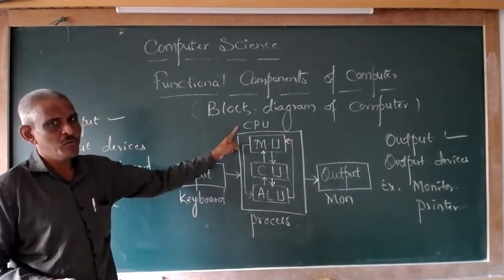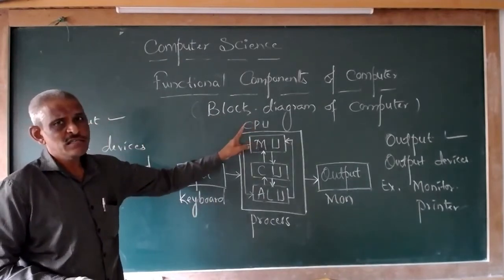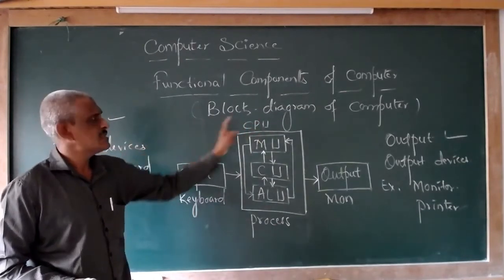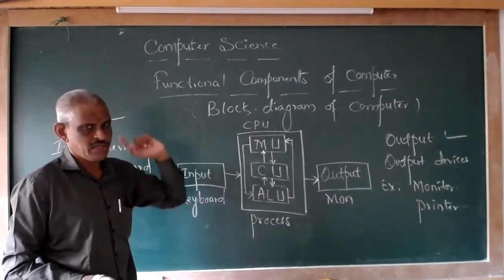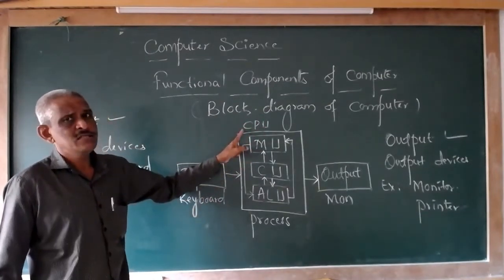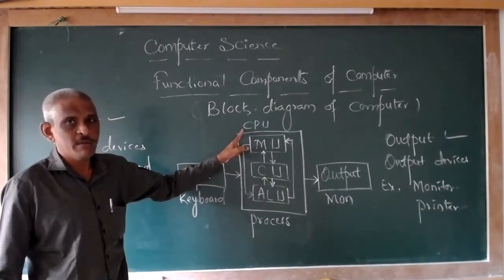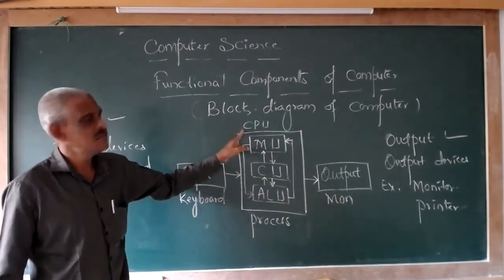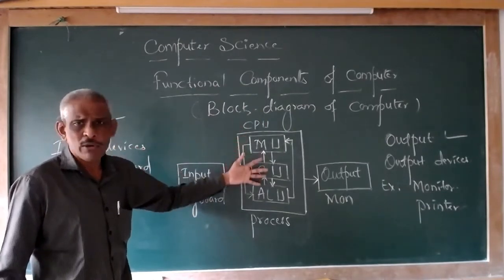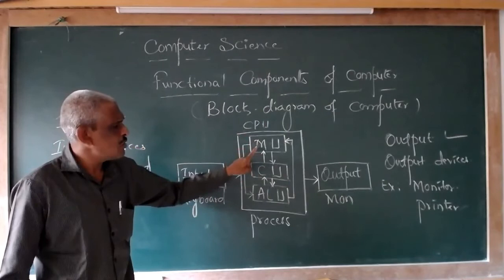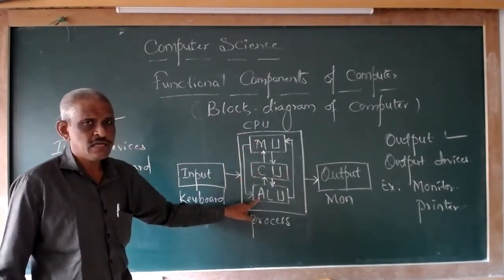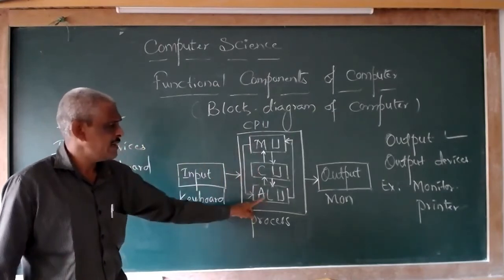Next comes CPU. CPU stands for Central Processing Unit. This CPU is known as the brain of the computer. The CPU is broadly classified into three components known as MU, CU, and ALU: memory unit, control unit, and arithmetic logic unit.